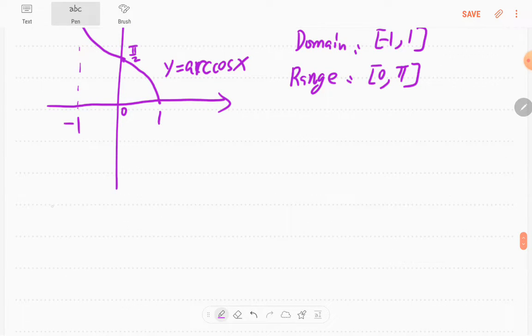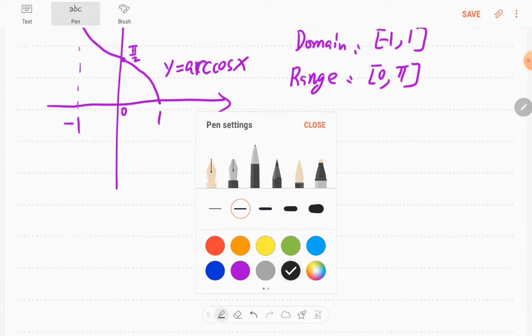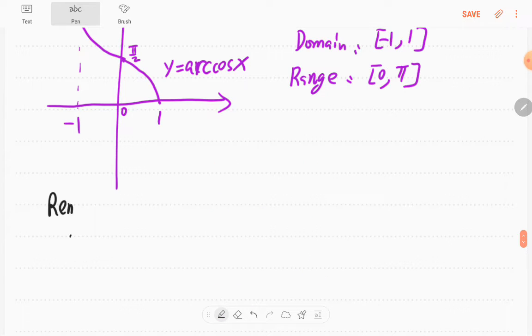Okay, so now let's look at the remarks. y equals arc cosine x or cosine inverse of x.